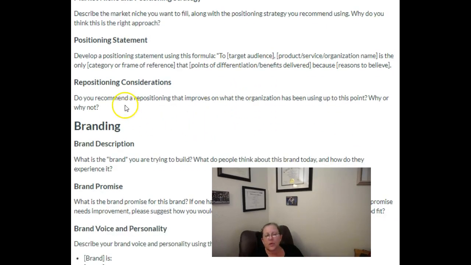And so then you'll list out repositioning considerations. You'll answer the question, do you recommend a repositioning that improves on what the organization has been using up to this point, and explain why or why not.